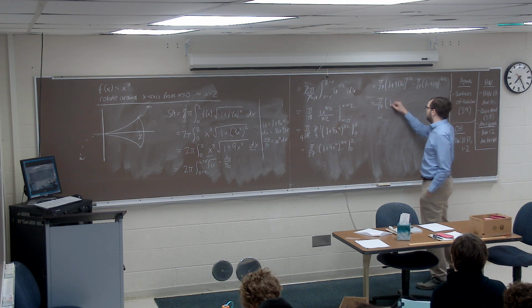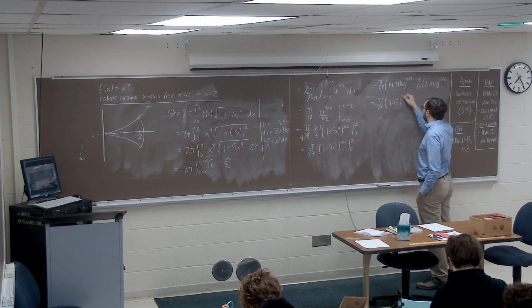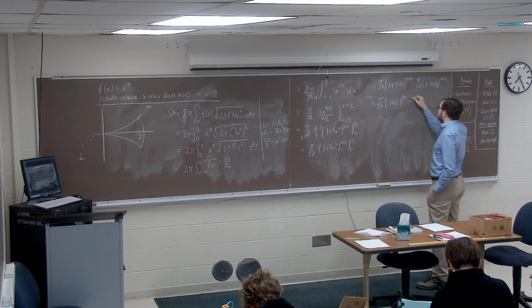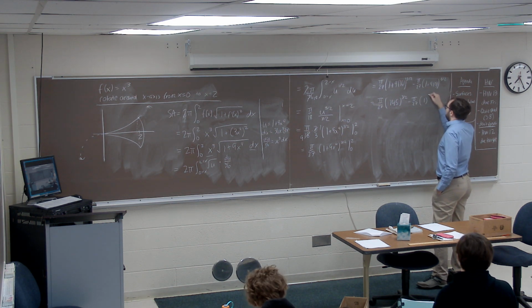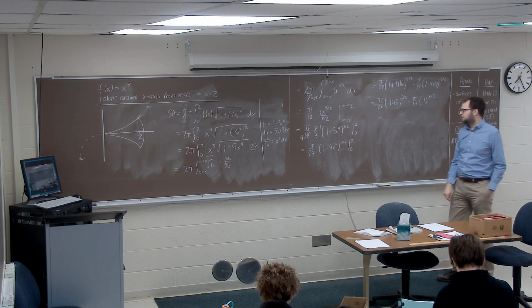Plus 1 is 145 to the 3/2 power. Minus pi over 27 times, well, 1 to the 3/2 power.